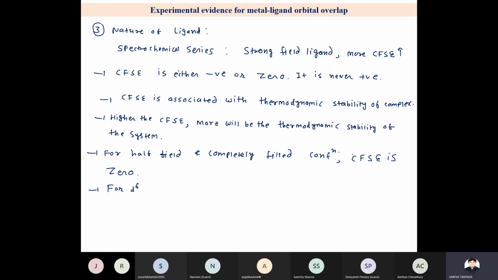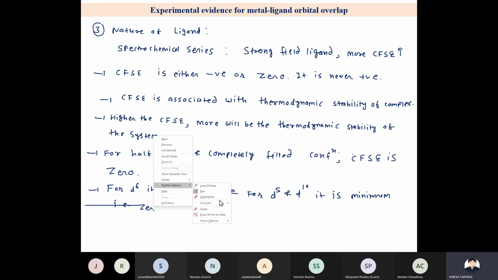For d6 it is maximum, and for d5 and d10 it is minimum, that is 0 value.